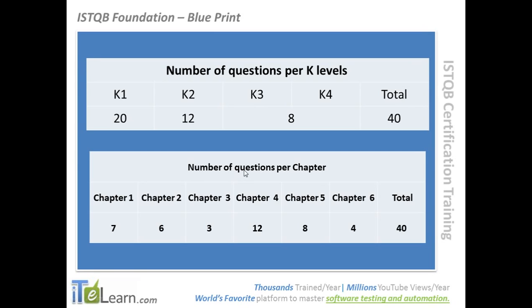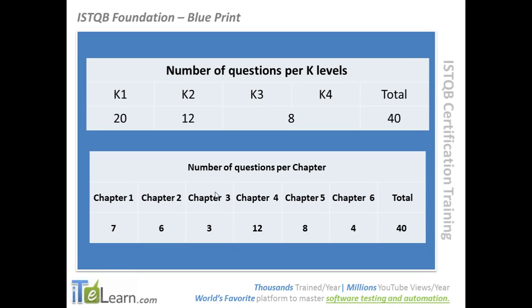We can also see the number of questions per chapter. You see chapters 1 to 6, which I showed you at the beginning of this slide. Now you can understand the importance of each chapter and how much you need to focus. Chapter 4 gets the maximum number of questions. Chapter 5 has the second most, and then you have chapters 1 and 2.